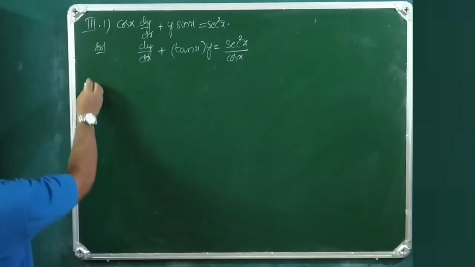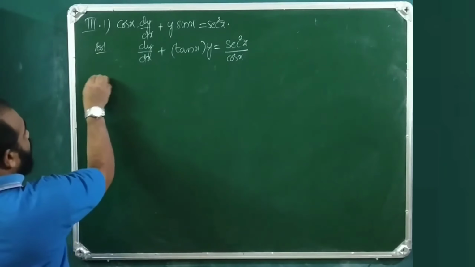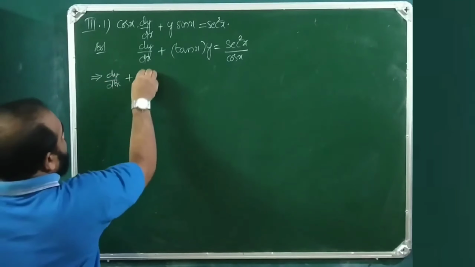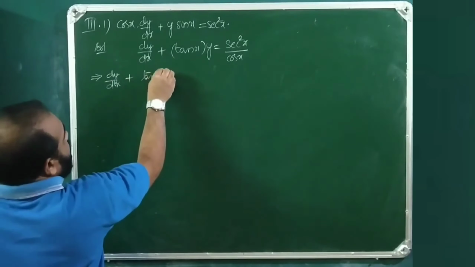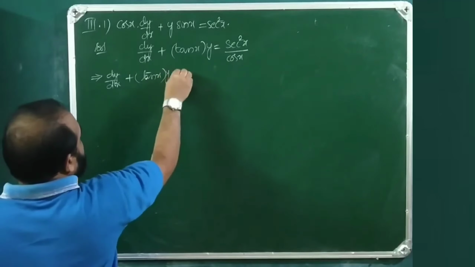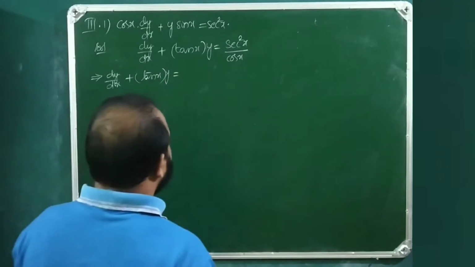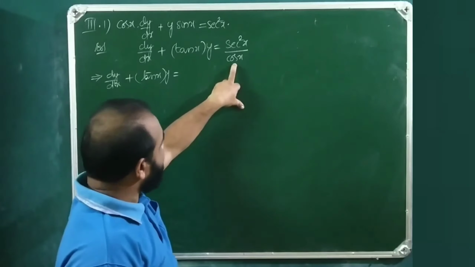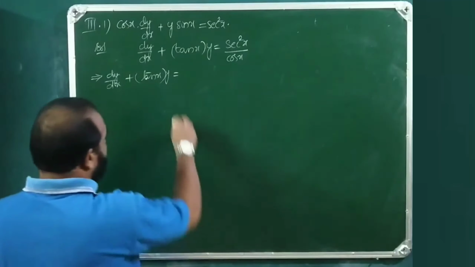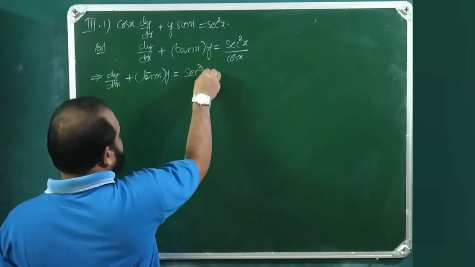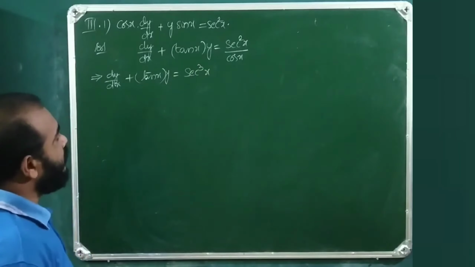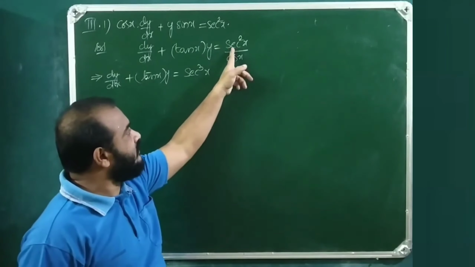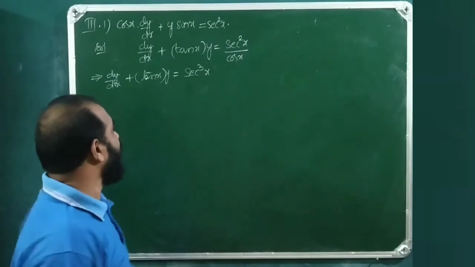This is dy by dx plus tan x into y equals, since 1 by cos x is secant x, secant square x into secant x, so totally secant cube x.